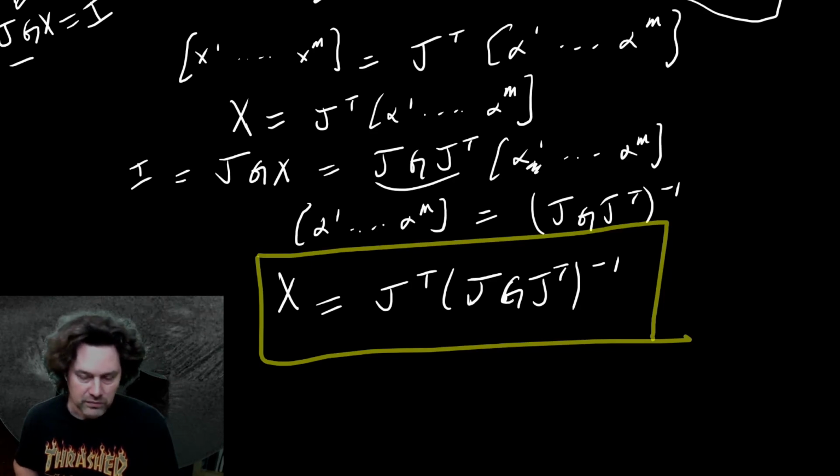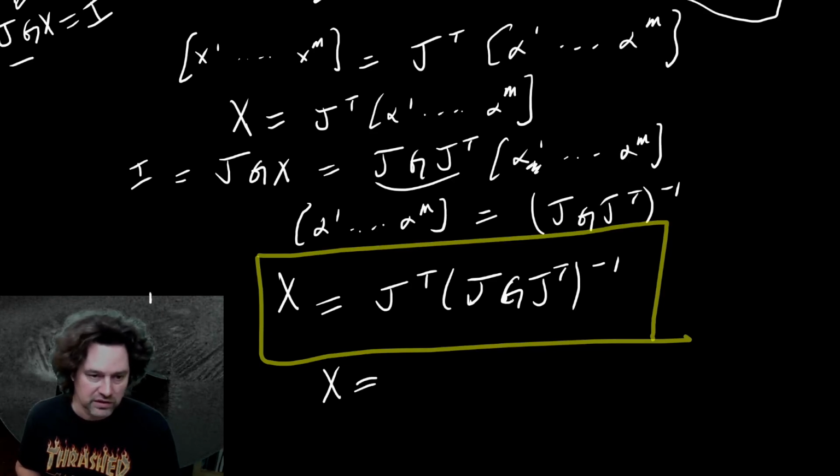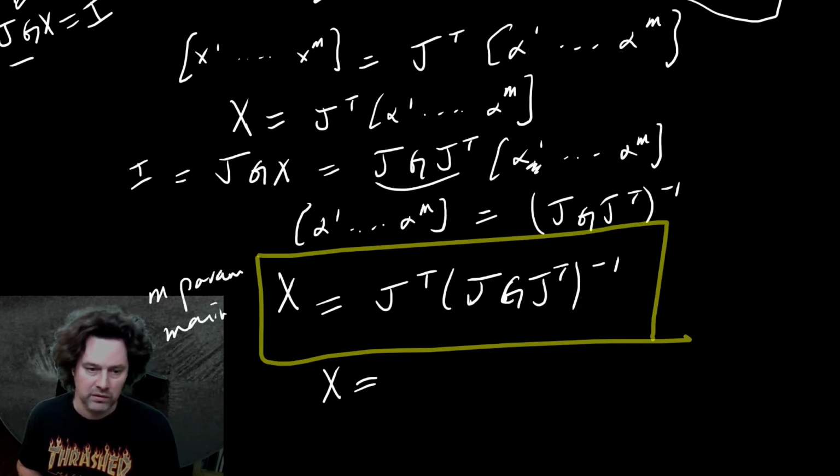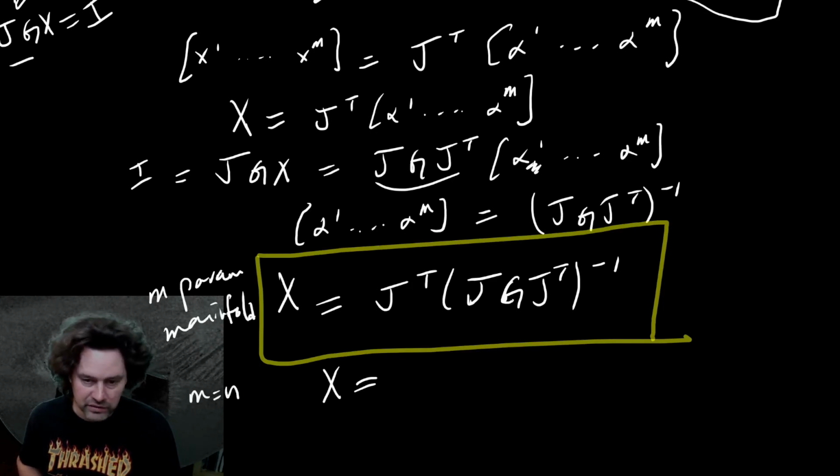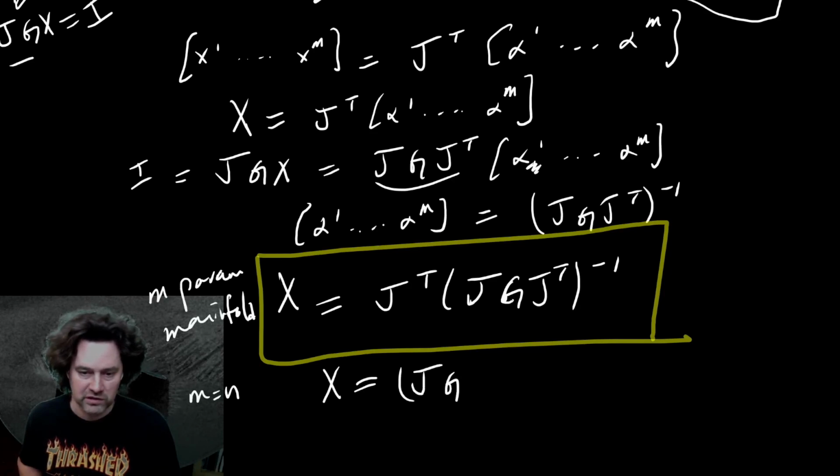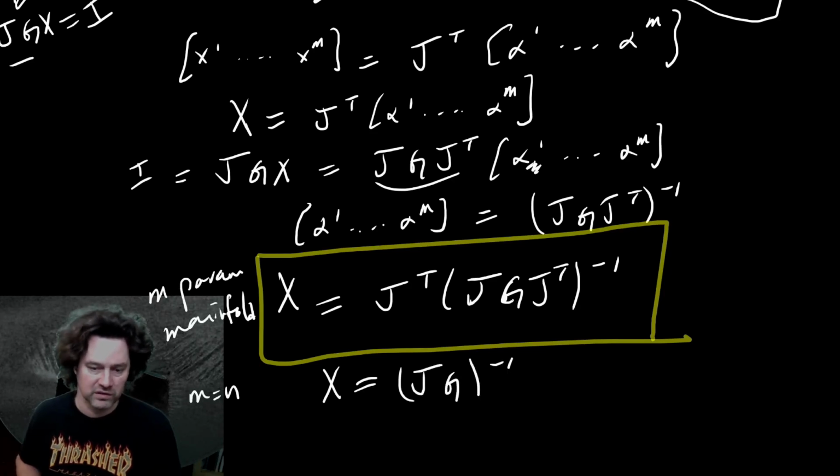So it looks a little bit different than what we found when we evaluated the gradients. So with gradients, this was the m parameter manifold. And then where m equals n, we found that X was J G inverse.